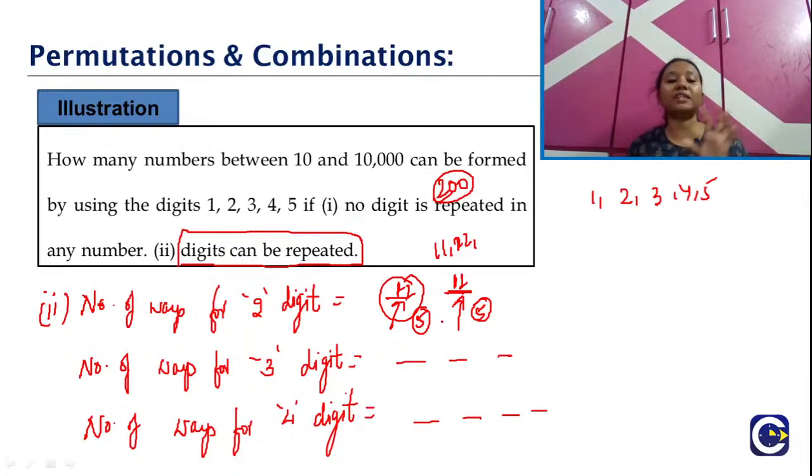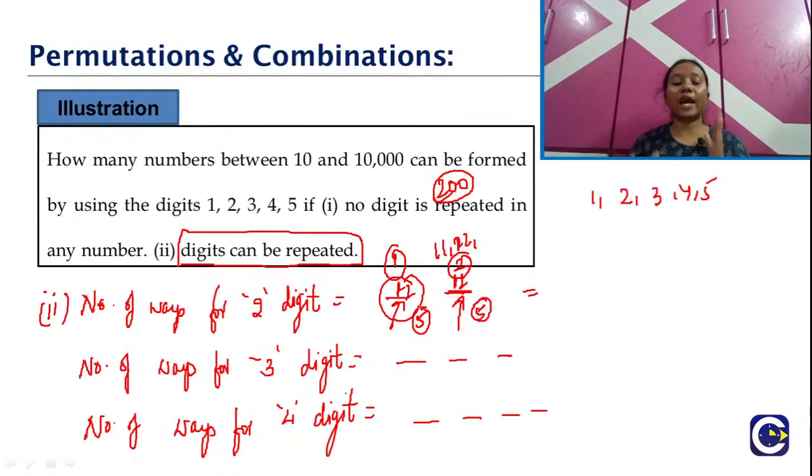So now to get this 2-digit number, the tens place is our experiment 1 and the ones place is our experiment 2. So the number of outcomes m for the first experiment is 5 and the number of outcomes n for the second experiment is also 5.